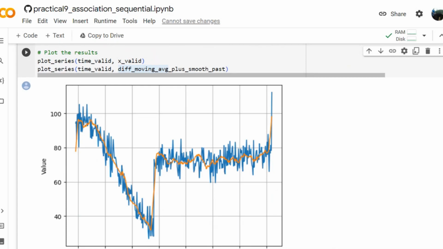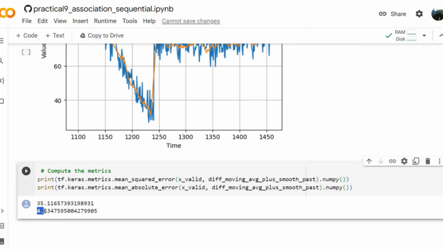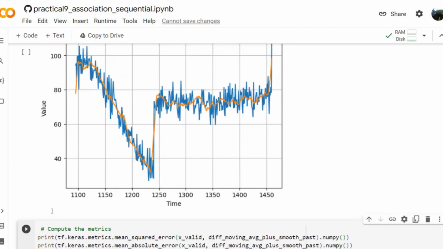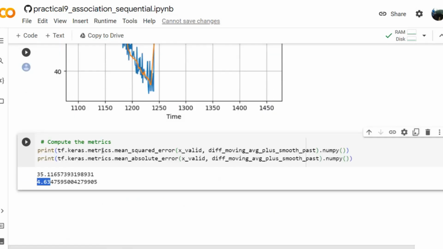You see here, we eliminated many noises from the orange line, and the mean absolute error, you see what's happened, has dropped down to 4.63, way better than the earlier one. The earlier one was 5.9. Now we managed to drop it down to 4.63. Okay, clear? So the moving average has helped us eliminate noise from the data by giving us a smooth line.